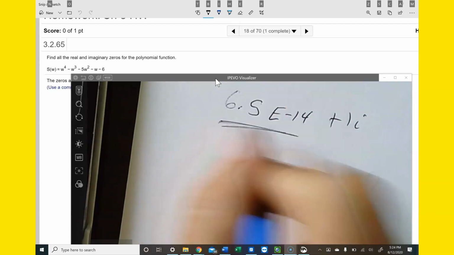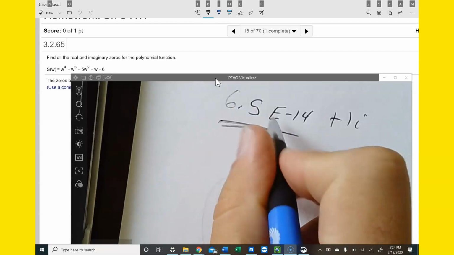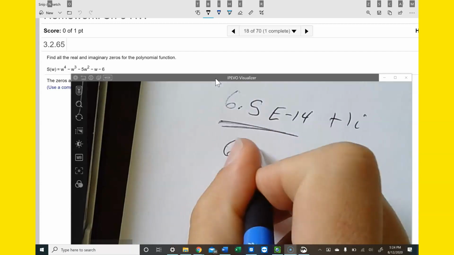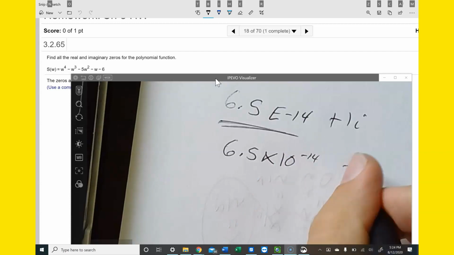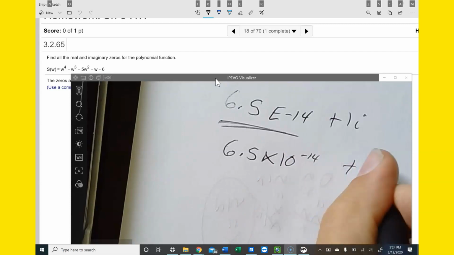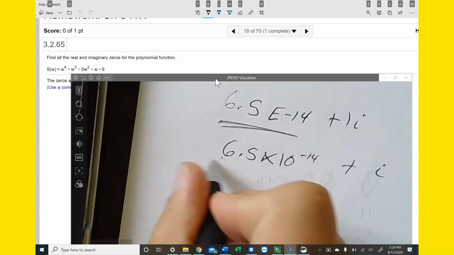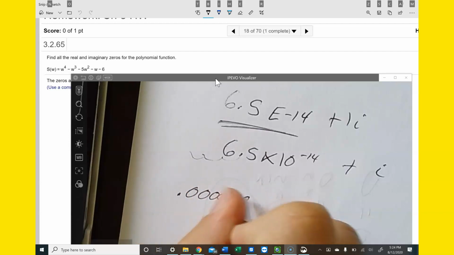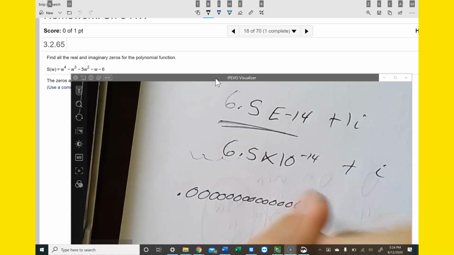What does that 6.5 e -14 mean? E -14 means times 10 to the -14th power. So this is 6.5 times 10 to the -14th power plus 1i, or plus I. That means that we move the decimal point 14 places to the left. So 1, 2, 3, 4, 5, 6, 7, 8, 9, 10, 11, 12, 13, 6, 5 plus I.